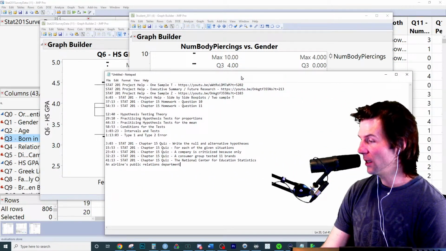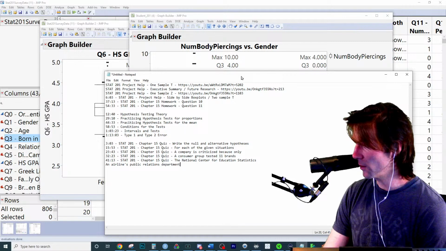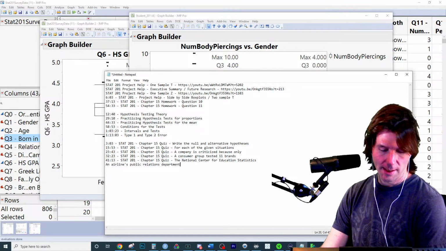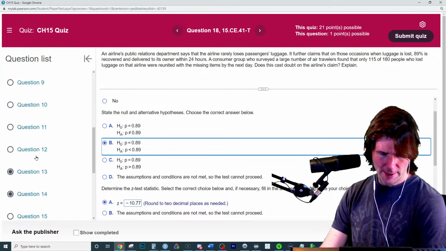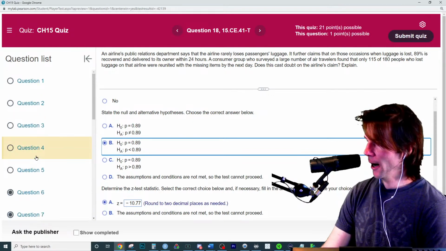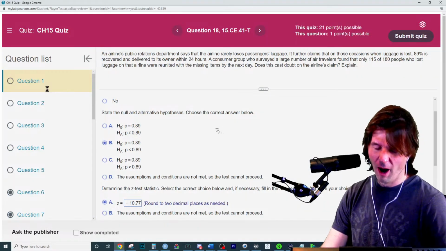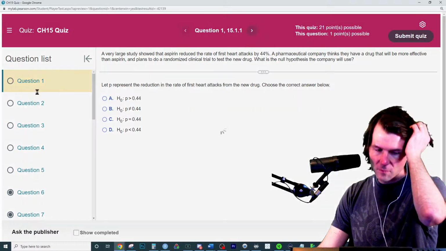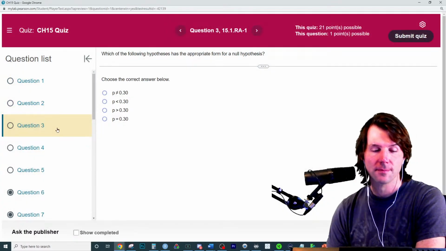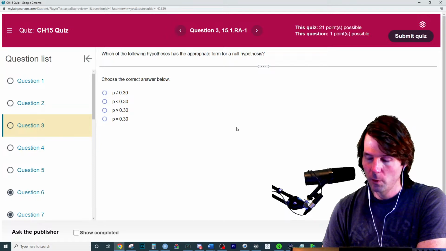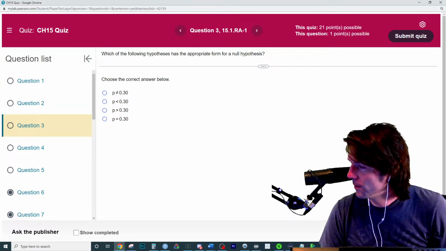This is the question: which of the following hypotheses is not appropriate for an alternative? Is that from chapter 15? We'll do that one to finish off. Look at all this work I did on chapter 15. Oh, so let's knock it out. Which of the following hypotheses is not an alternative?